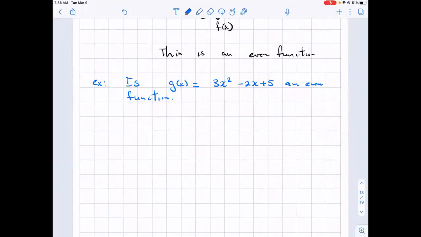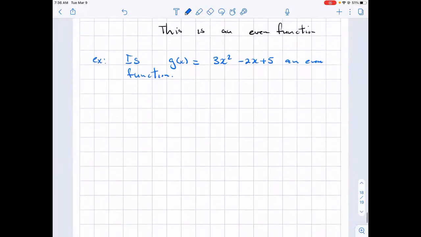So we want to check if g of minus x is equal to g of x.